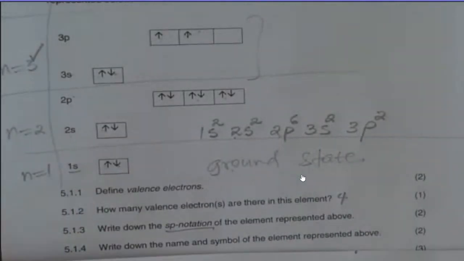We look at 1s, the ground state. How many electrons are there? It will be 2. 2s, maximum is 2. 2p, 2, 4, 6. 3s, 1, 2. 3p, that is 1, 2. This is how you write SP notation.